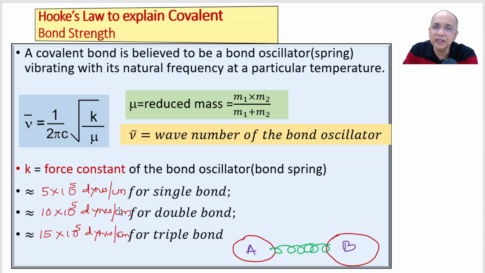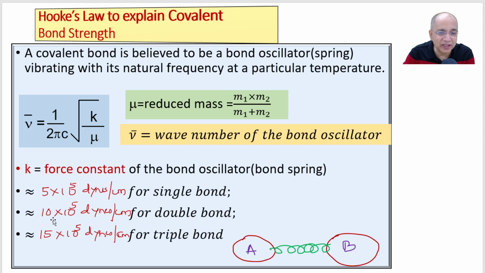In dynes per centimeter, it is approximately 5 into 10 to the power 5. This is 10, this is 15 for a triple bond. Of course, approximately, and it varies. If polarity increases in the bond, then 5 can be 5.2, 5.3, 5.4, 5.6. It can vary.